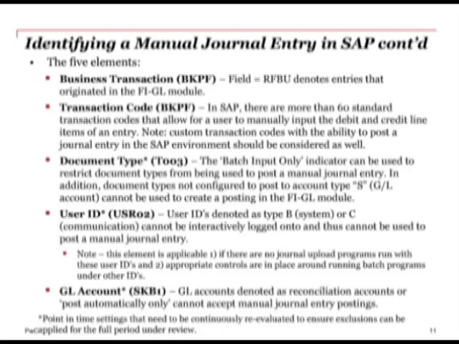So by applying this element and looking in BKPF at documents that have an indicator of RFBU in this business transaction field, we can start to identify what our potential manual journal entry population is. And we can really then exclude any documents that have this field populated with something other than RFBU. So as we step through these elements, you'll see that you can start to make exclusions after you do some considerations to arrive at the manual journal entry population.